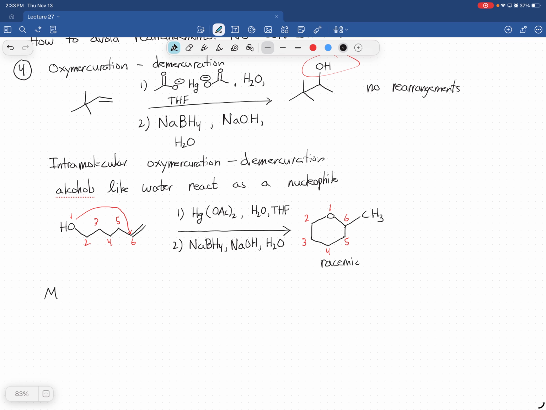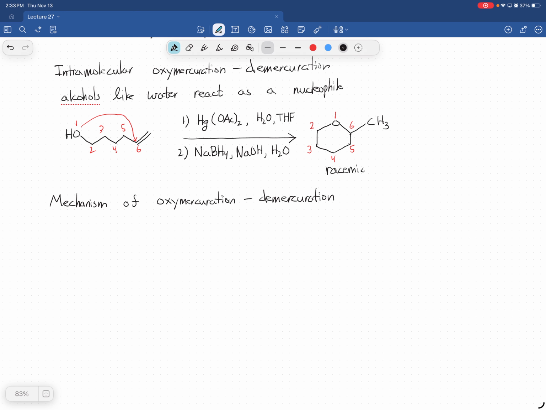All right, the mechanism, as you can imagine, if there's no rearrangements, there's no carbocation intermediate. It's actually a different intermediate.